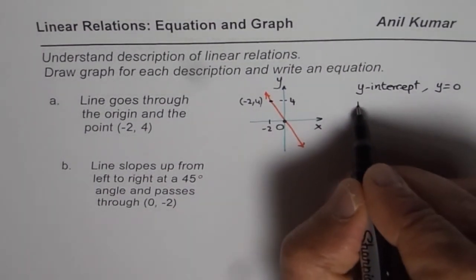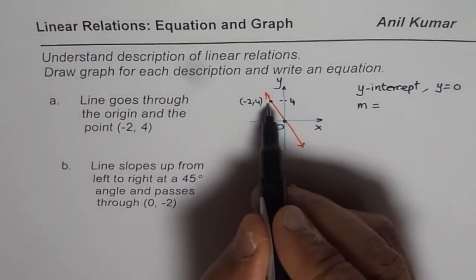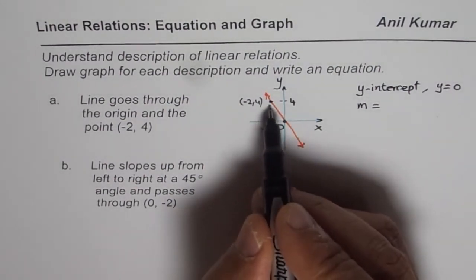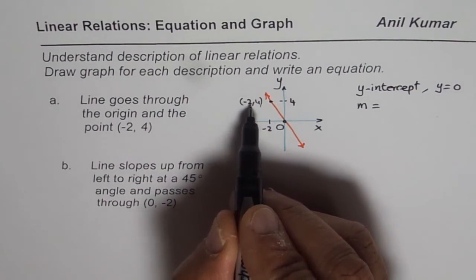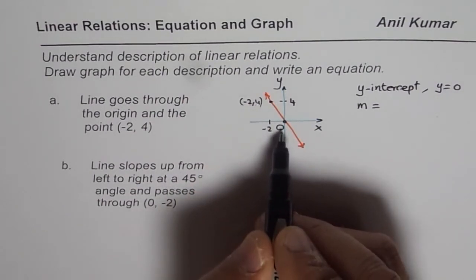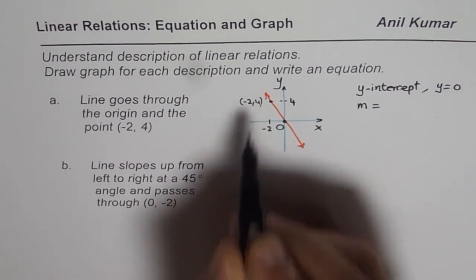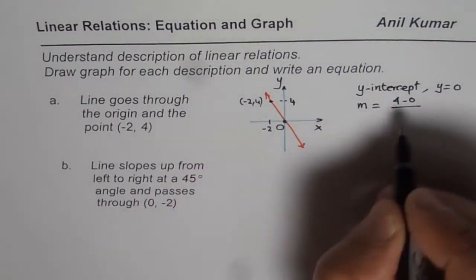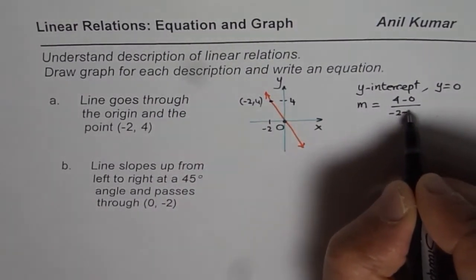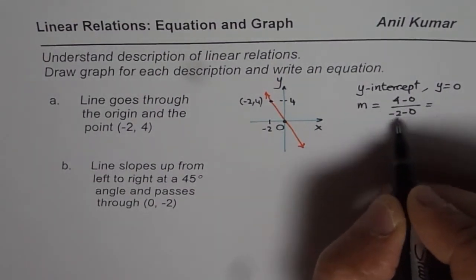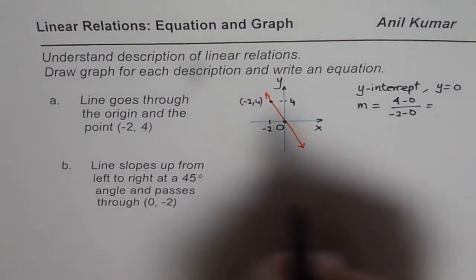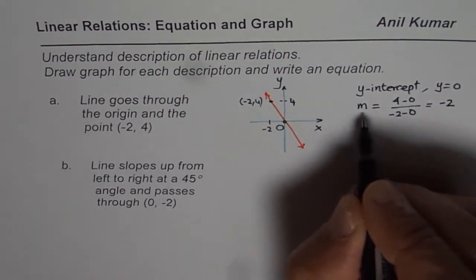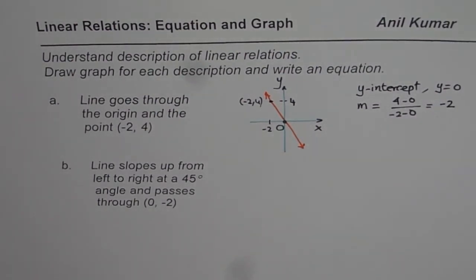And the slope of this line has to be negative as the line is going down. So if you consider these 2 points, one is -2, 4, the other one is the origin, which is 0, 0, then we get 4 minus 0 divided by -2 minus 0, right? So that gives you the ratio of 4 and -2, which is -2. So the slope is -2.